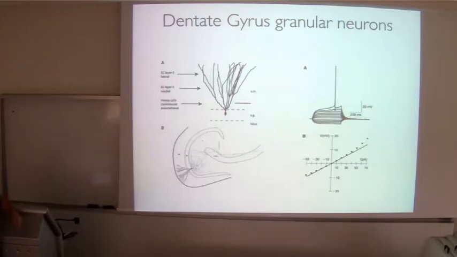So people really believe that one of the reasons for the very sparse spiking is because of that. But on the other hand, if you just record the activity of the output, there's tons of spikes coming out because there are so many of them.